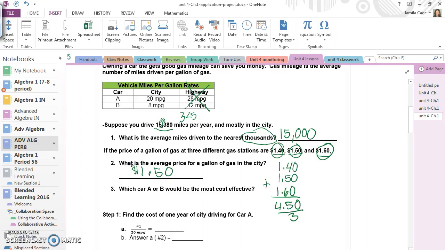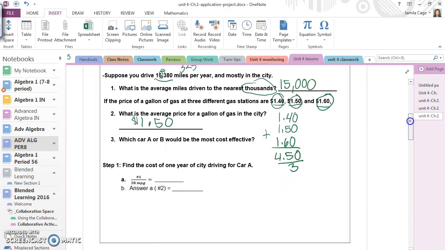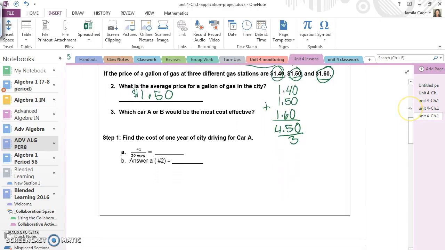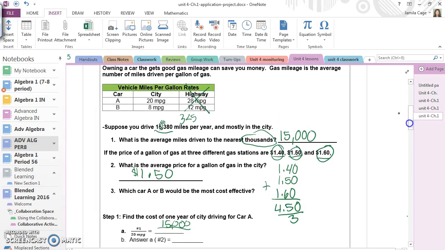So the last question is which car A or B will be most cost effective. So that will depend on, for the year, which one am I spending less money with. So let's take a look at how to do that. The first step. Number 1, we have 15,000 miles. So that number 1 tells you to refer to the answer from number 1, which is here above.